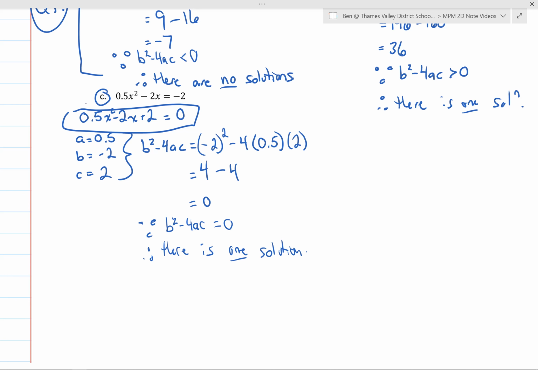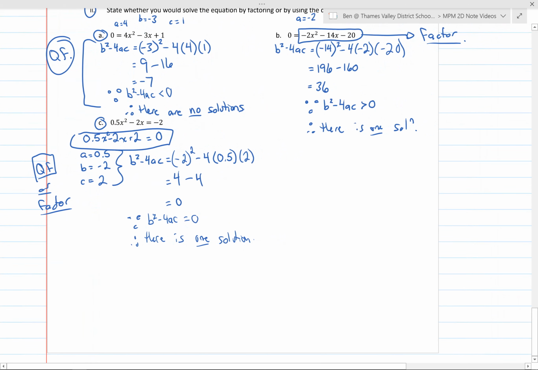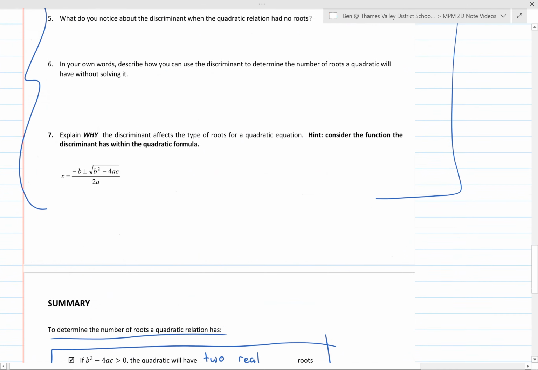But otherwise, if you don't see it right off the bat, that's okay. You can jump into your quadratic formula. So you could use either. Remember, each time the question is solvable by factoring, it's going to be a little bit easier if you see that. If not, the quadratic formula will always work for you. So there you are. You should be ready to handle the homework at this point.